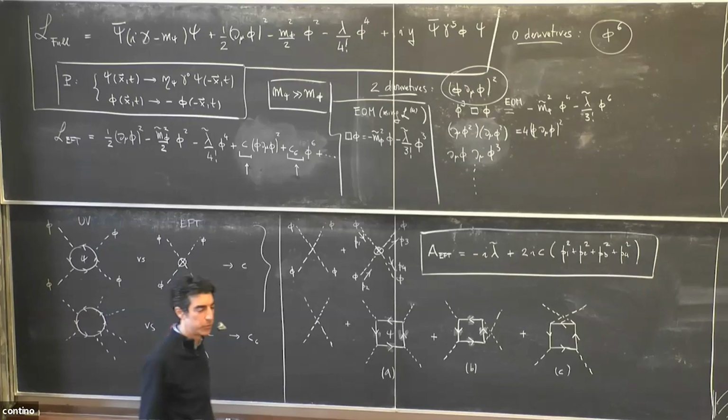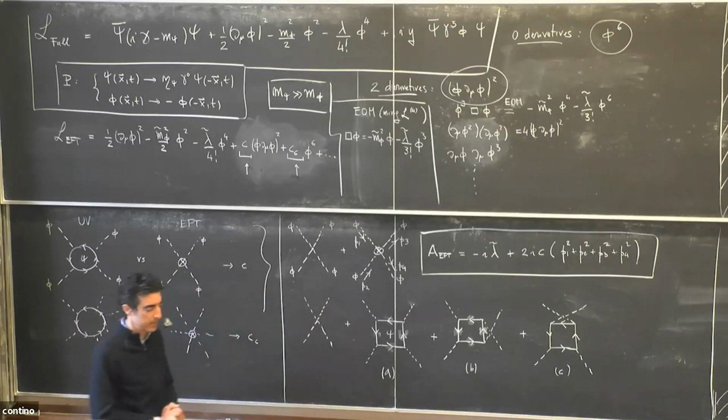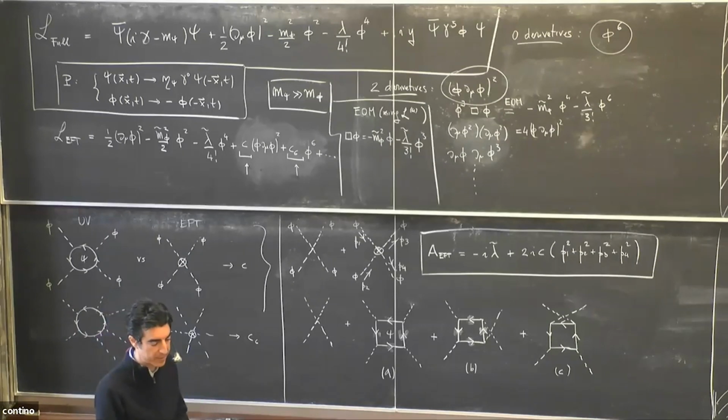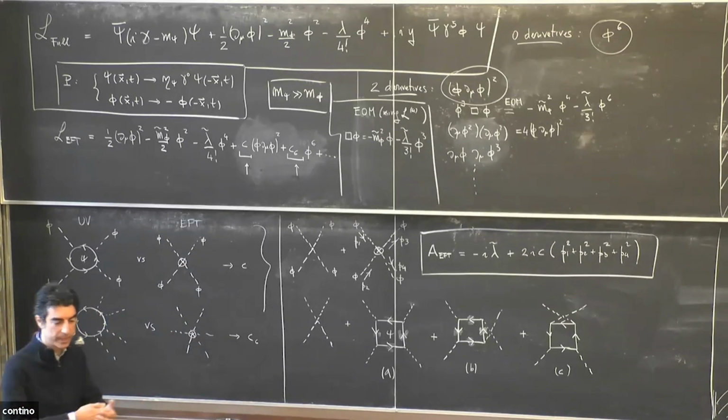For example, if you want to compute precisely the rate of decay of mesons like the kaons, or even heavy mesons like B mesons, these decays occur through electroweak effects.